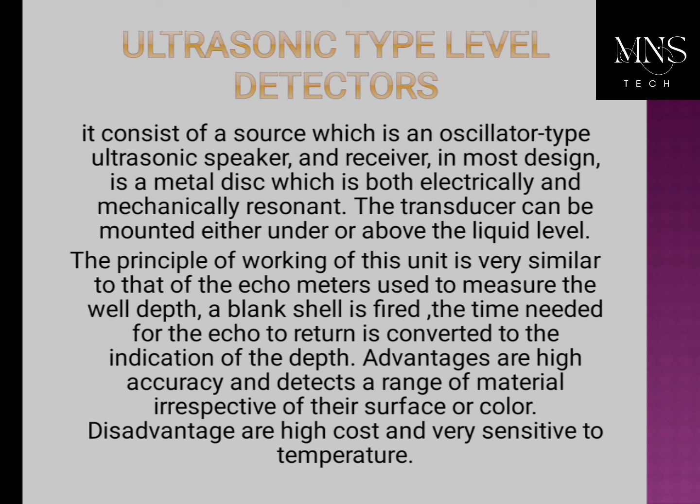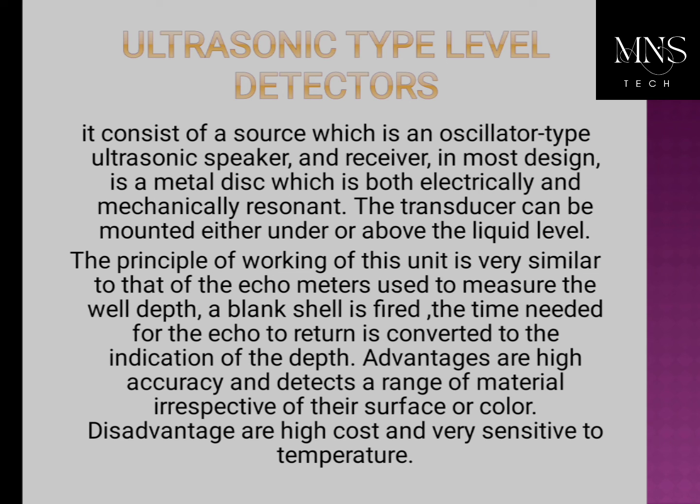Ultrasonic type level detector. It consists of a source, which is an oscillator type ultrasonic speaker, and a receiver in most designs. It is a metal disc which is both electrically and mechanically resonant. The transducer can be mounted either under or above the liquid level. The principle of working of this unit is very similar to that of the echometer used to measure well depth.